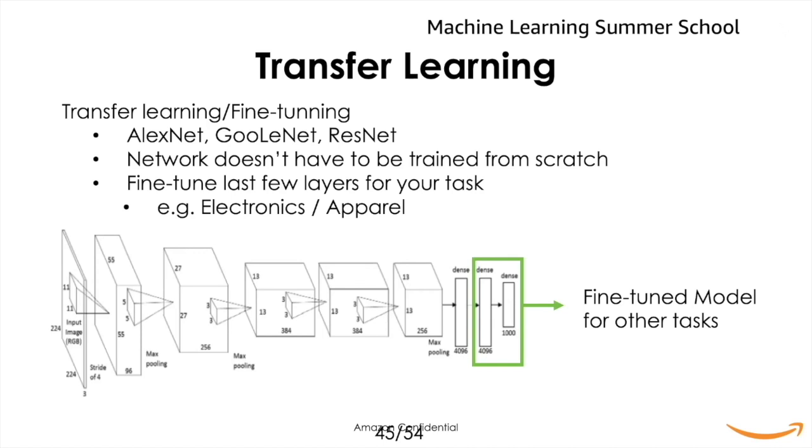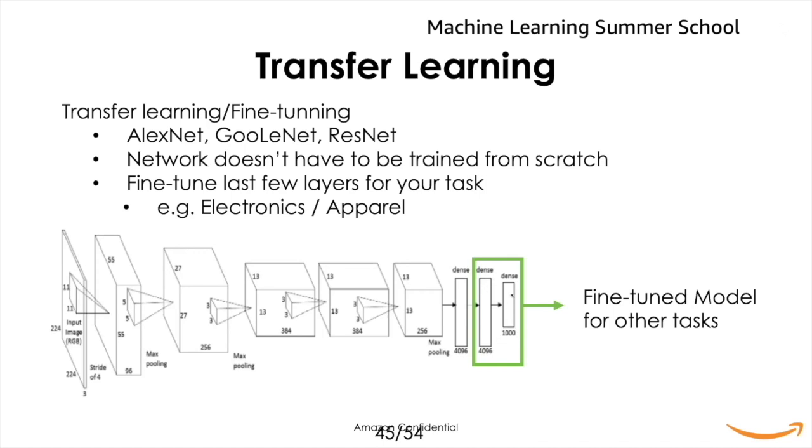The other more commonly used way is to take the weights of a trained network. A lot of trained networks are available, AlexNet, GoogleNet, ResNet. These networks are trained on large data sets, and these trained weights can directly be used in your network. So you initialize your network with these trained weights, and then just train the last few layers for your task.